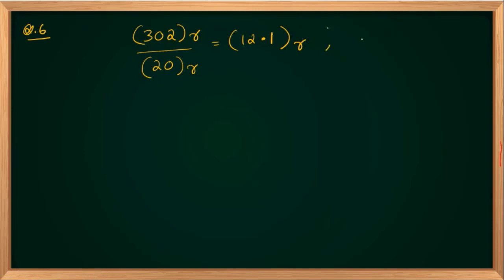Find the value of r. And you are given the options 4, 5, 6, and 7. 302 base r divided by 20 base r equal to 12.1 base r.